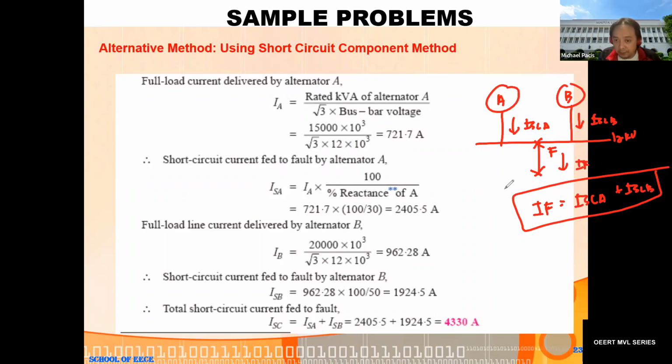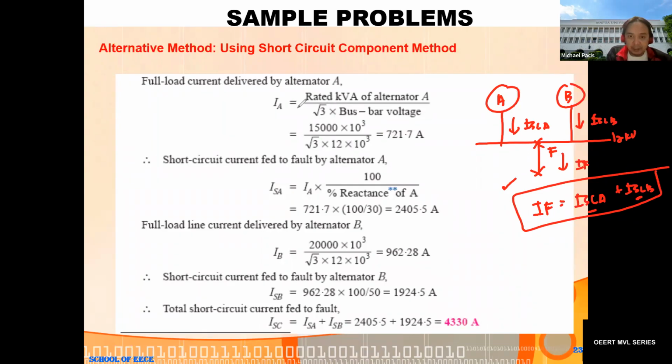And that's why you can now get the short circuit current at F by having the responses at A and B, which we call the individual contributions, by using superposition. This is called the short circuit component method, which is also very important in the design and analysis of your relaying systems. Okay, now let us have this technique.